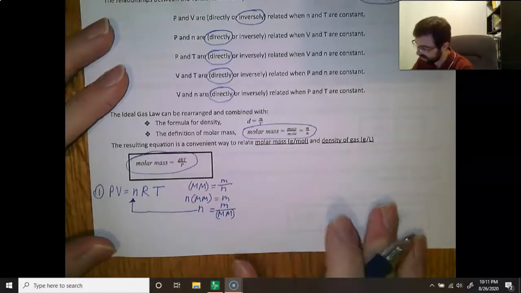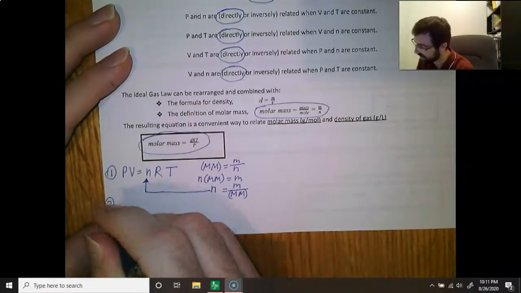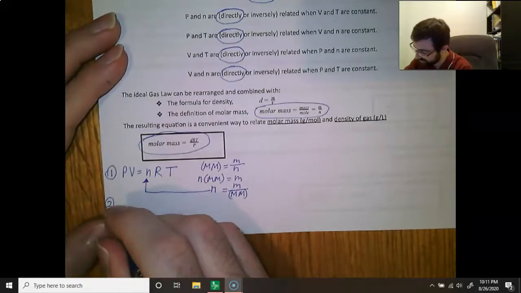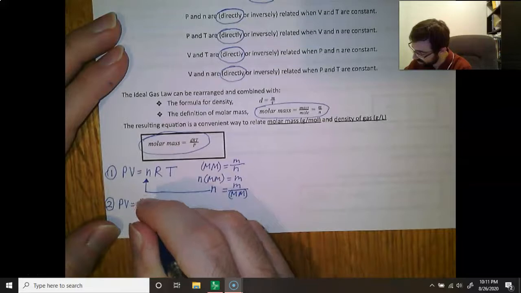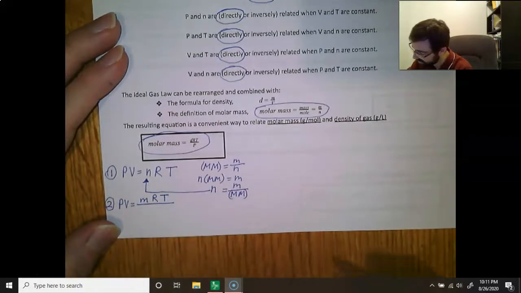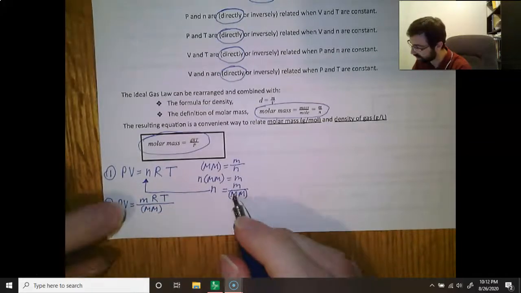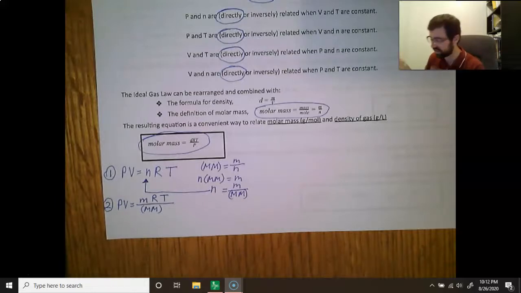I could take that and plug it in right here, then move on to my second step, where instead of n, I'm going to put m over MM. So I end up with PV equals m times R times T divided by the molar mass. We've got m over molar mass times RT instead of the n there. If you need a second to pause and justify that, that's fine. Now I want to look at density.